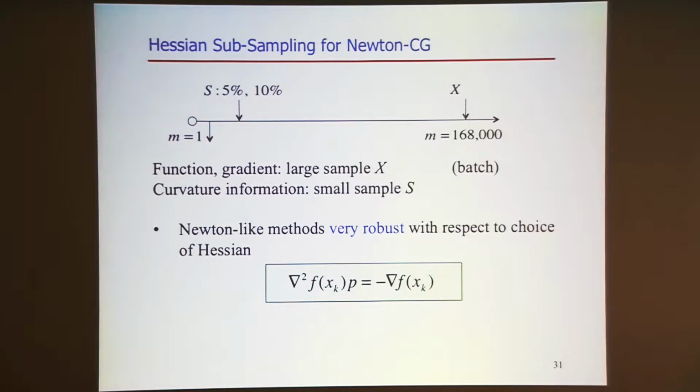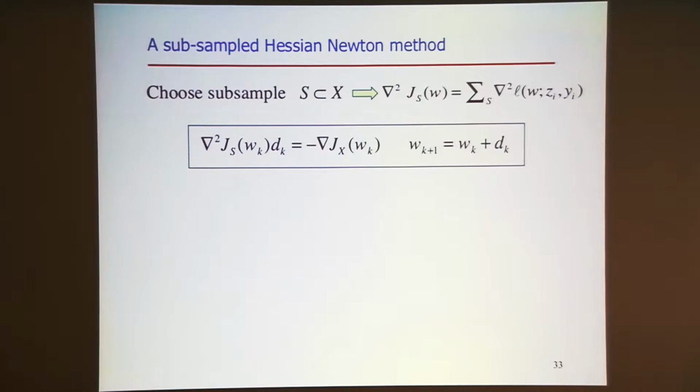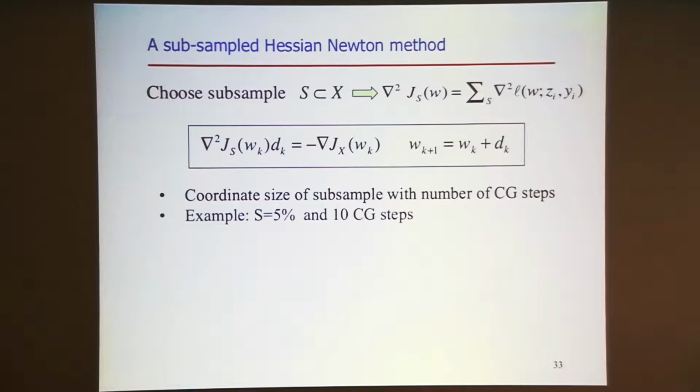So what is important is that the relative sizes of S and X are intelligently chosen. So when I say 5%, S is 5% of the size of X. So you first choose your stochastic gradient, say using 10% of all the data that you have. And then you take 5% of the 10% to compute the Hessian, so that these Hessian vector products are going to be like 5% of what it is to compute the function.